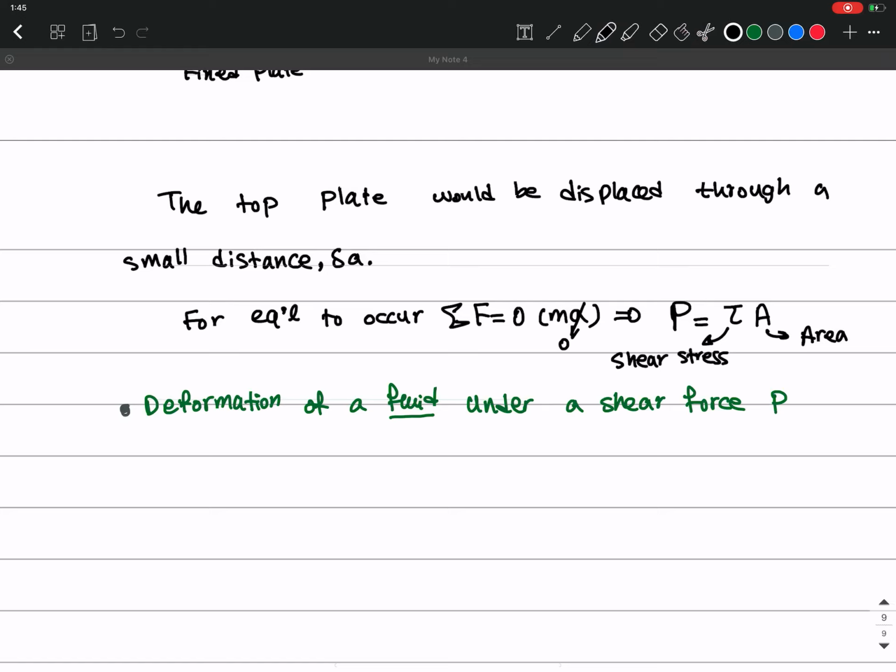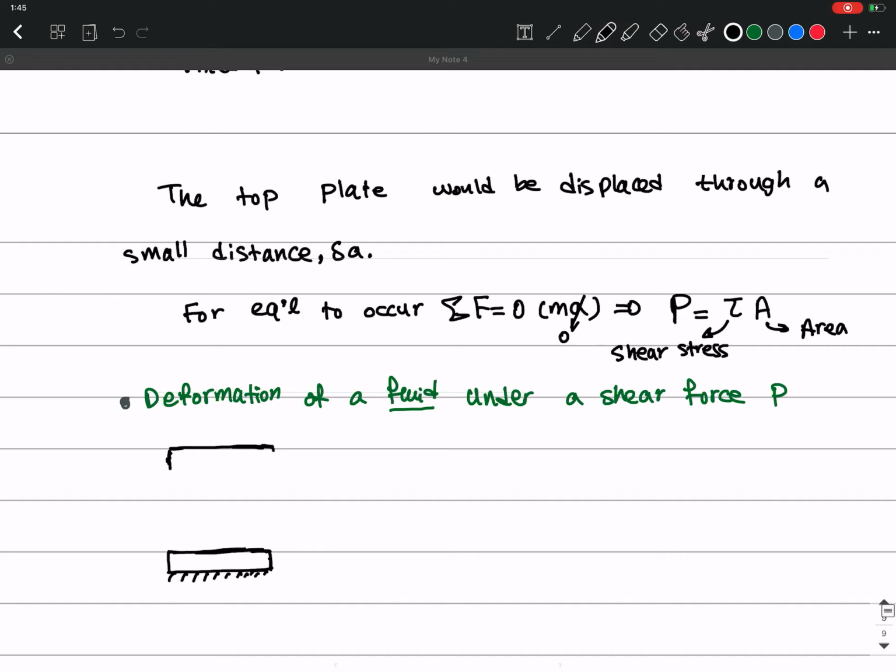Here we have again the fixed plate at the bottom, but then at the top the things are changed. At the top we will have a moving plate, and in between there is going to be fluid between these two plates.